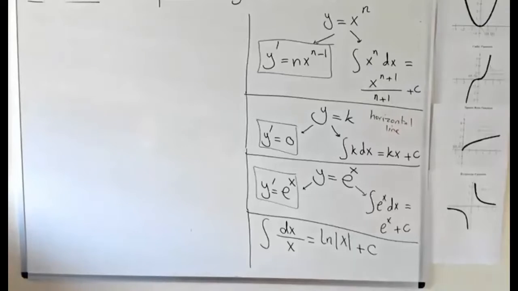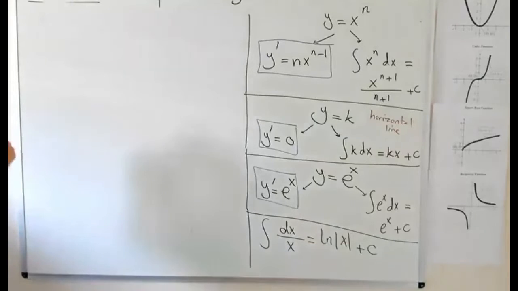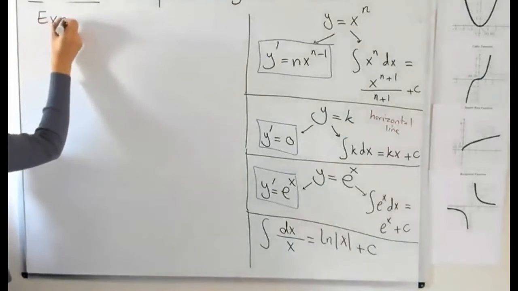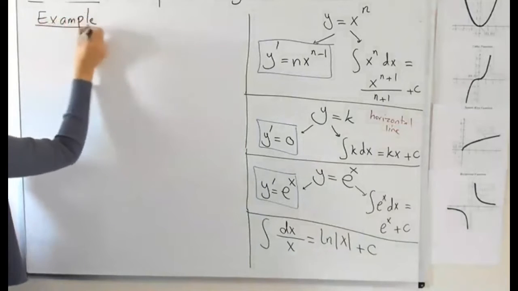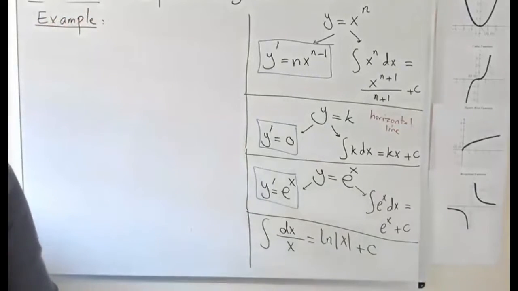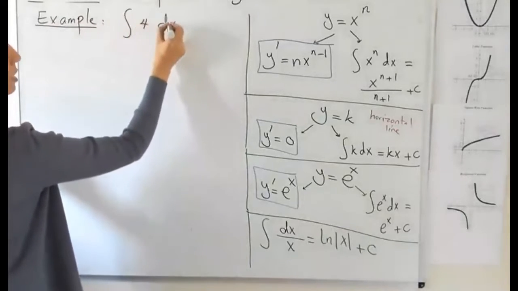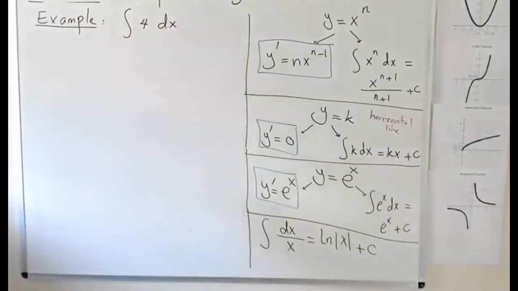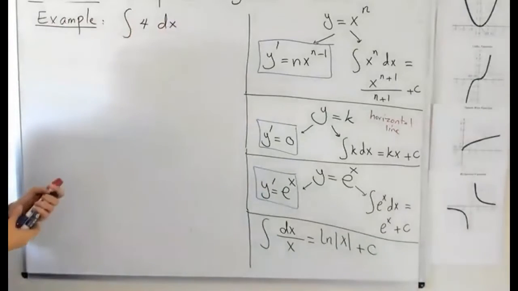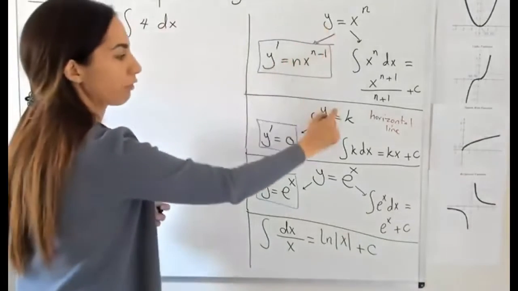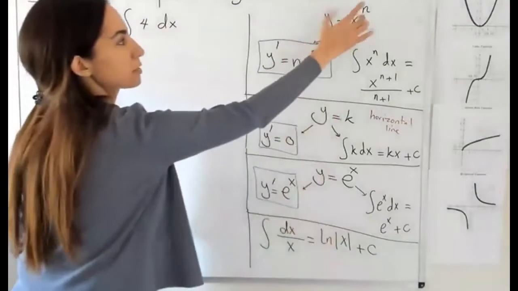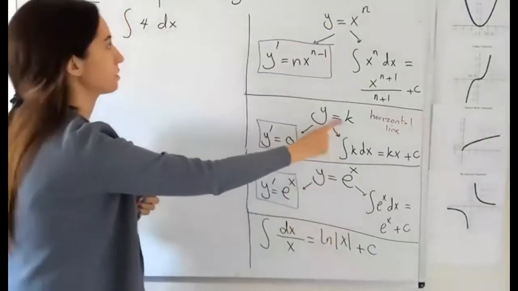Okay, let us go over some examples if you're comfortable with these formulas. Example. This example says, find the integral of 4 dx. There we go. We have some functions here. x to the n, k as a constant function.